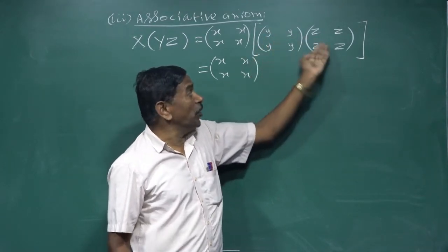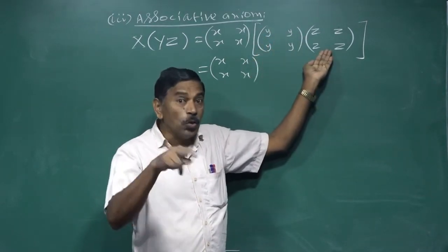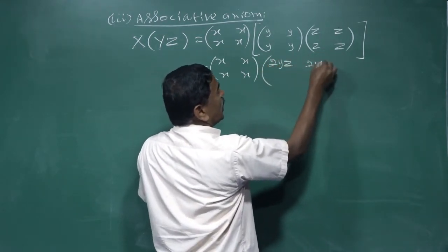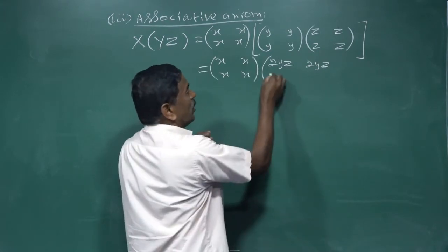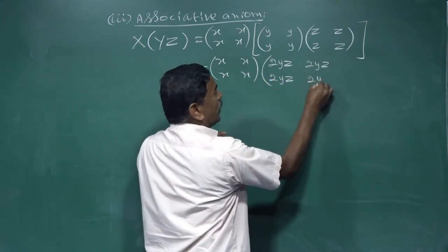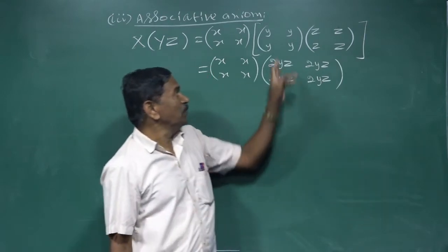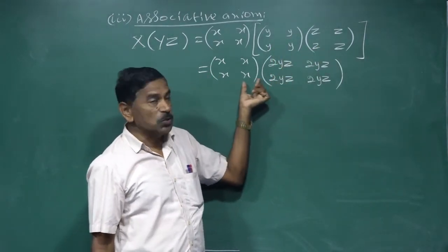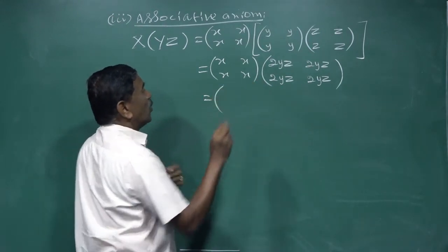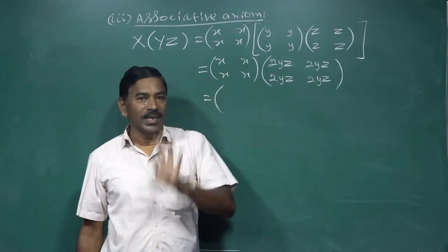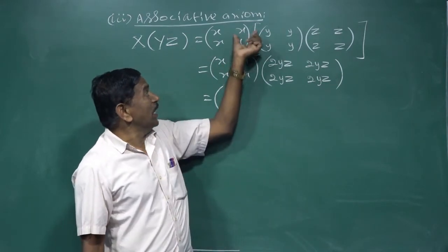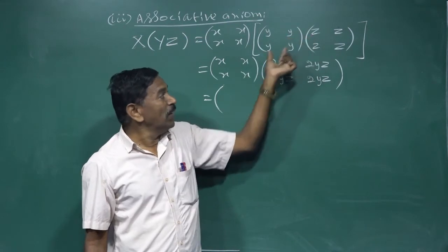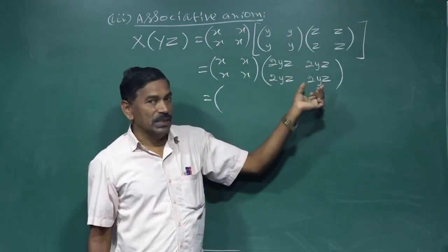Here y into z is equal to 2yz. So your answer is 2yz. Now we want to find these two products. x into y is 2xy, and y into z is 2yz.